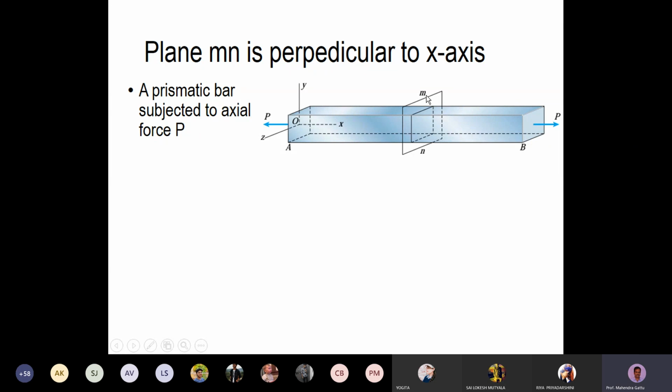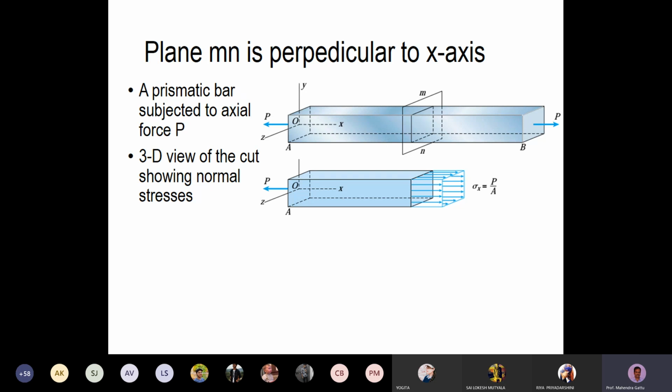So we cut a cross section normal to the loading axis. The loading axis is the x-axis. We cut a cross section normal to it, and we look at the free body diagram of the left part. This is the 3D view of the free body diagram.